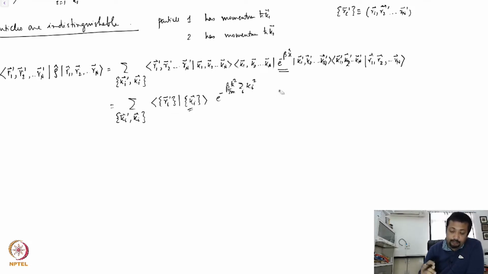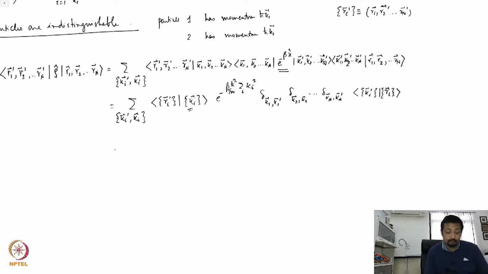Wait, we have missed one crucial thing, that is the delta functions, delta k1, k1 prime, delta k2, k2 prime, all the way delta kn, kn prime, and then we have ki prime and ri.